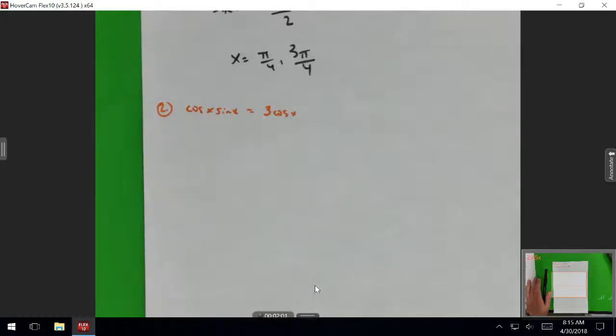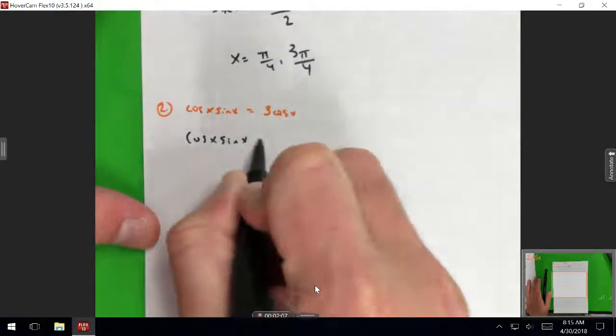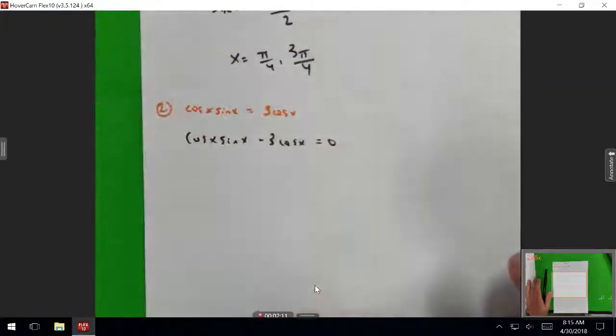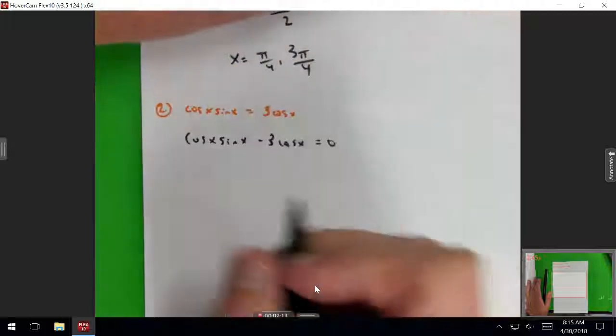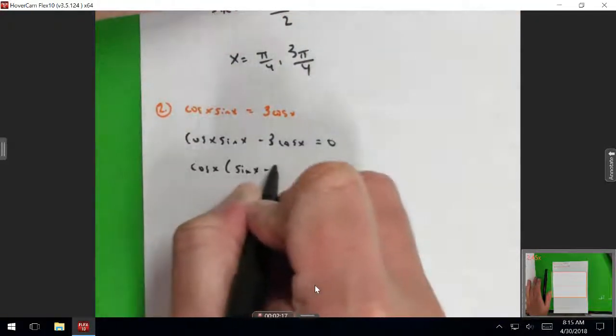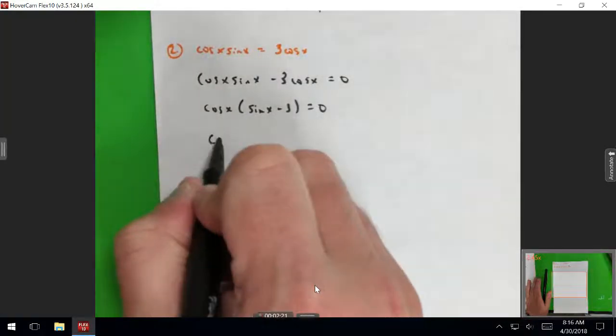So I'm going to bring that over. Cosine x sine x minus 3 cosine x equals 0. Now I can factor out a cosine x. Now set them both equal to 0.